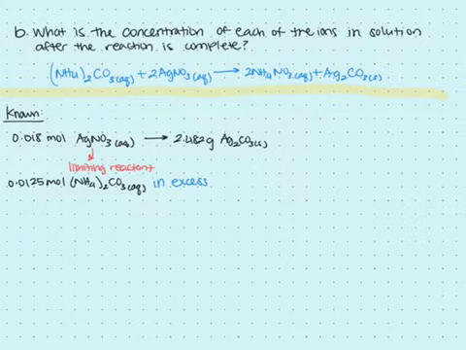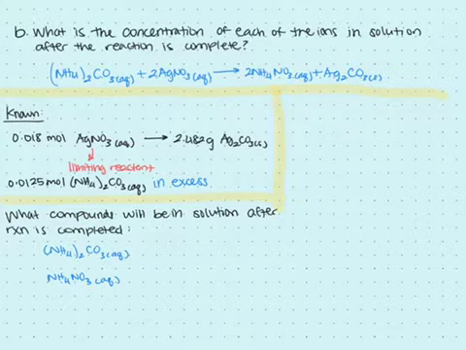Also, as a review from the previous part, we know that silver nitrate is a limiting reactant, meaning that all of this will be used in the reaction, meaning there will be none of their ions in the solution. But we do know that ammonium carbonate is in excess, meaning some of those ions will be left over unreacted in the solution of the products.